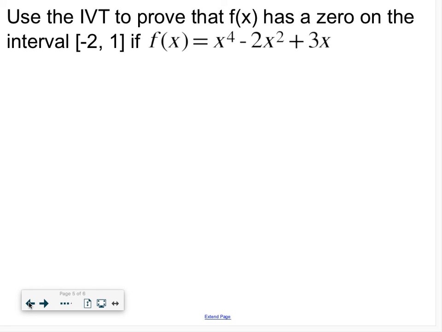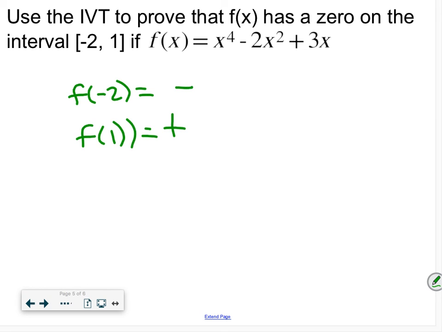You would need one y value above the x-axis and one below the x-axis, so then you would have a 0 in between. Those are the x values, so like f of negative 2 and f of 1: one would need to be positive, one would need to be negative, so that we could pass through zero. Okay.